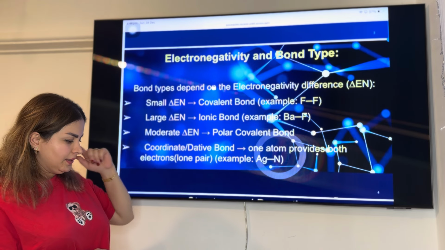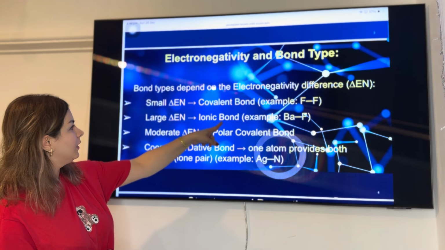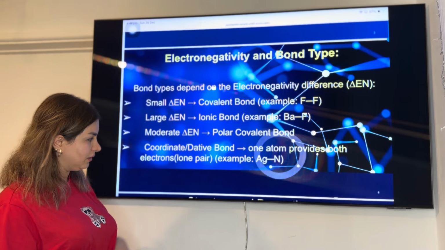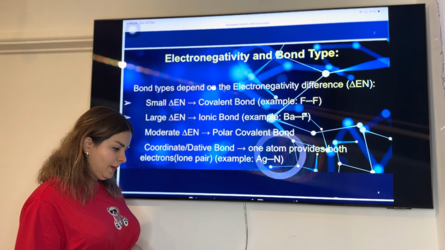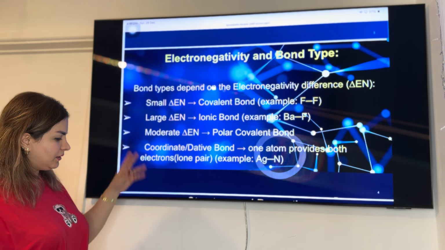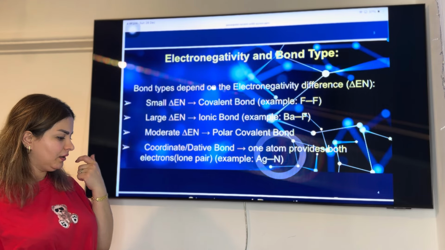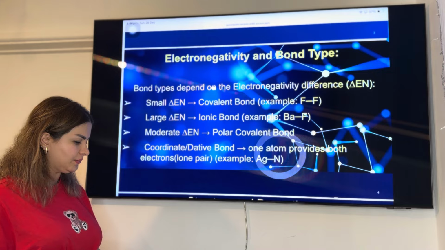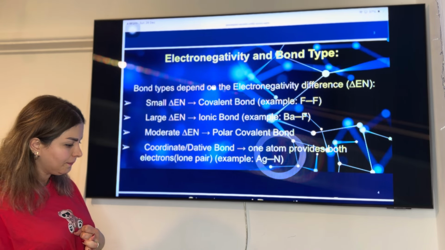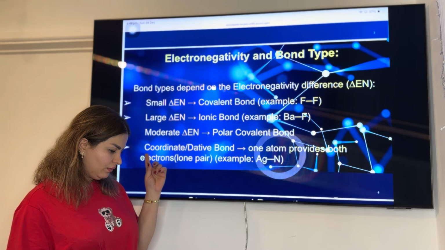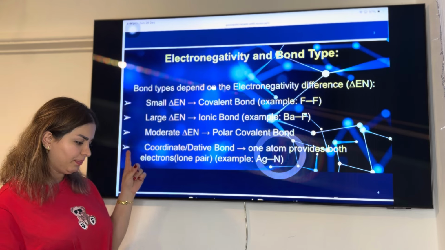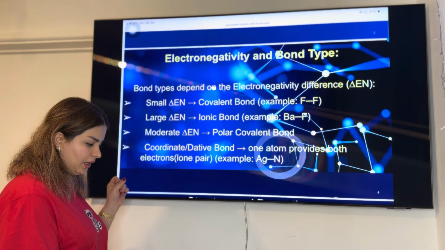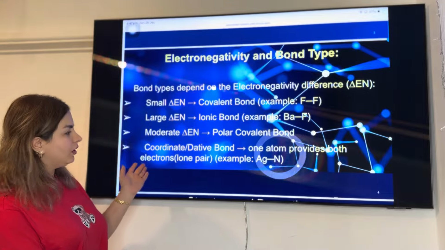A large difference, like the second one, between a metal and a non-metal, leads to an ionic bond. Intermediate differences lead to polar covalent bonds. In coordinate bonding, such as between silver and ammonia, one atom provides both bonding electrons, even though the bond behaves like a normal covalent bond.